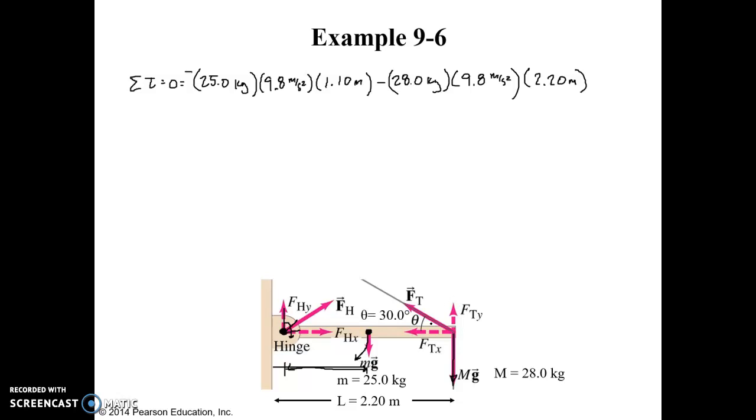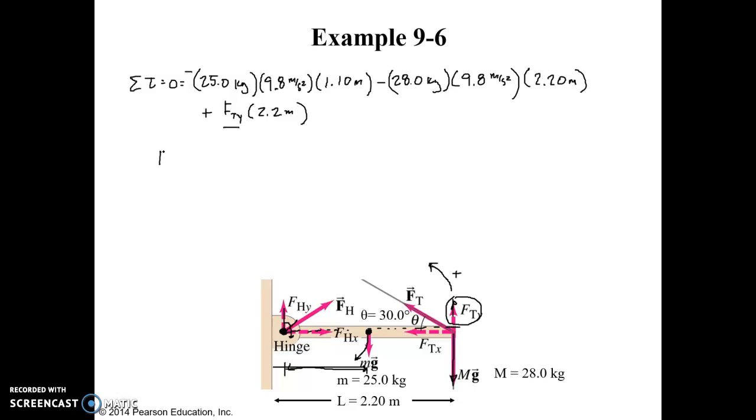The only other force that is going to be perpendicular to the beam, which will cause a moment, is this FTY. It's going up, so it's going to cause rotation in the counterclockwise or positive direction. So I've got plus FTY times 2.2 meters. Now I have an equation that only has one unknown variable, so I can solve for it.